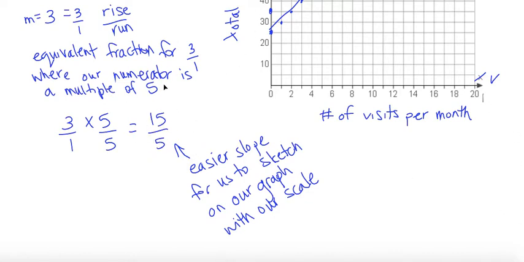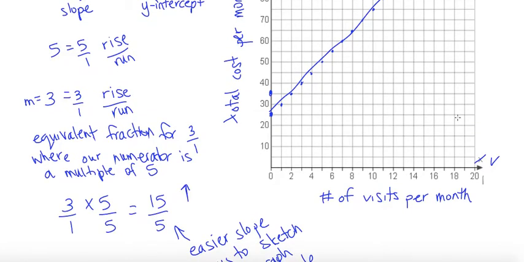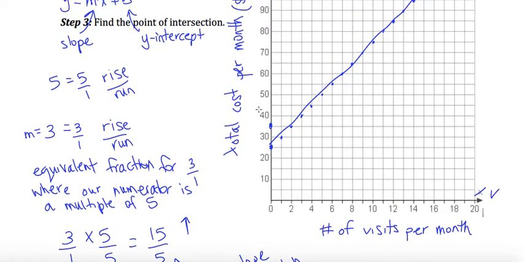So this tells us that I'm going to go up 15 units for every 5 units that I'm going across. So I'm going up 5, 10, 15, but I'm going to cross 1, 2, 3, 4, 5, right there. Happens to be the same point as my first one.